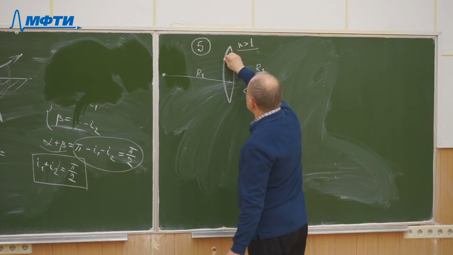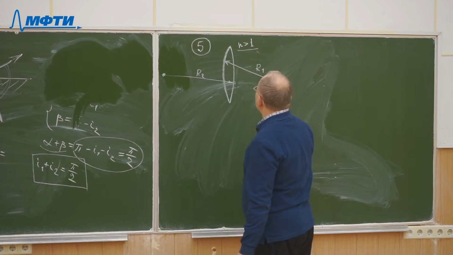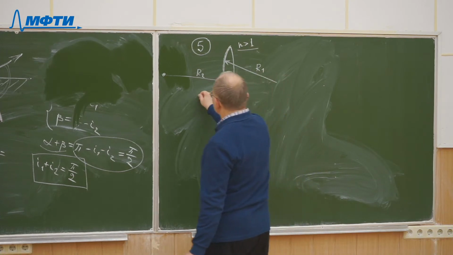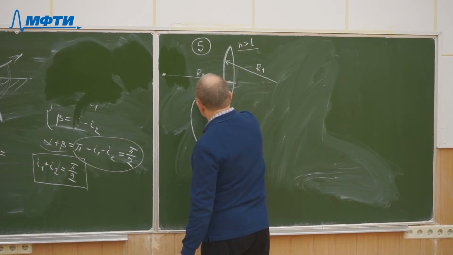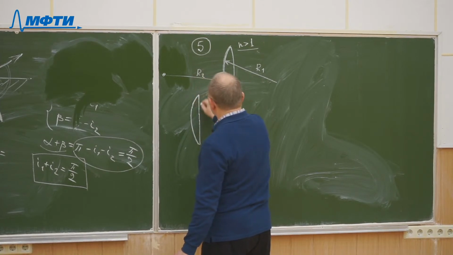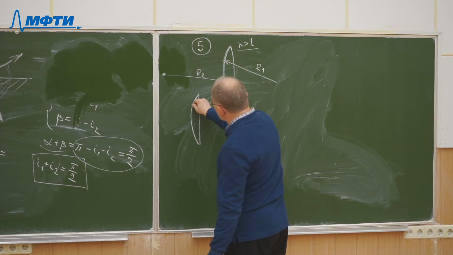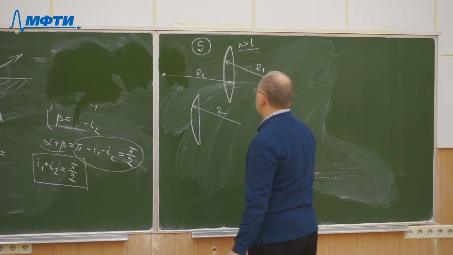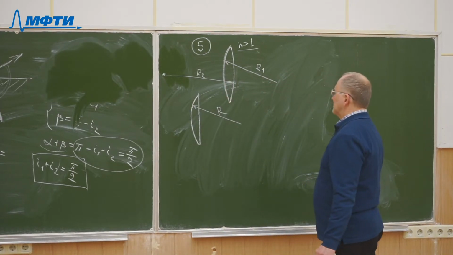In the general case, they may have different radii of curvature, but sometimes the radii are the same, or sometimes people produce such a lens which has one surface flat and another surface with some radius of curvature r. Sometimes we have such lenses, and sometimes we have this construction of lenses.